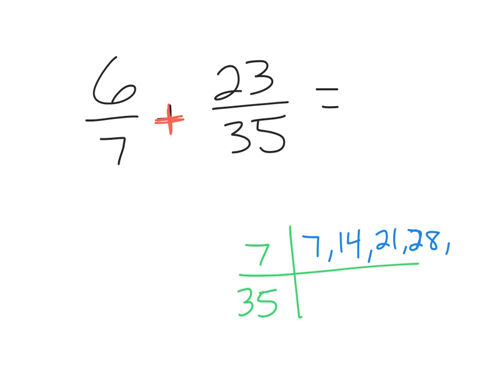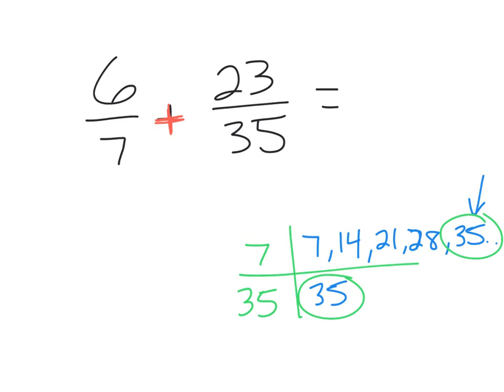And 7 times 5 we know is 35. Now, you might already off the top of your head go, wait a minute, that's one of our denominators. Therefore, it's going to be a common multiple because 35 times 1 is 35. So therefore, that's the first shared multiple that they have, therefore making that the common denominator. So that's where that comes from.